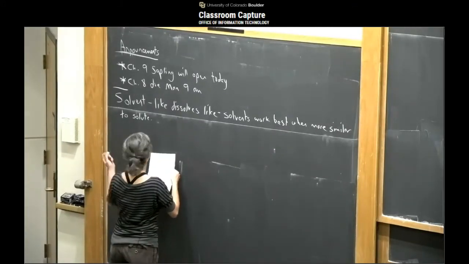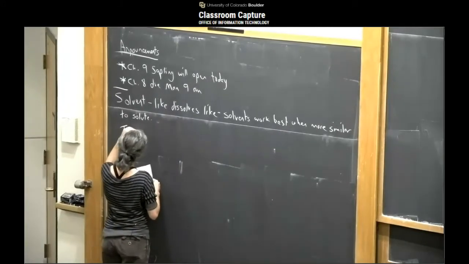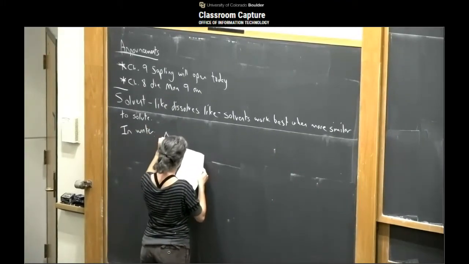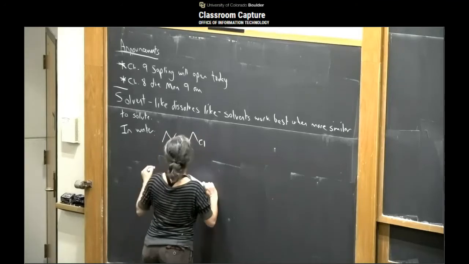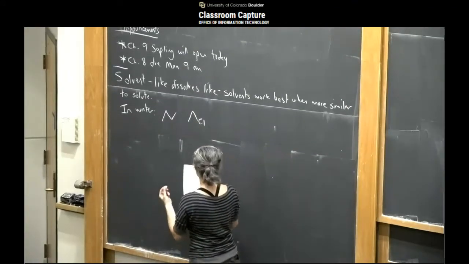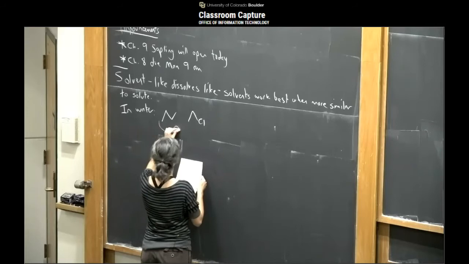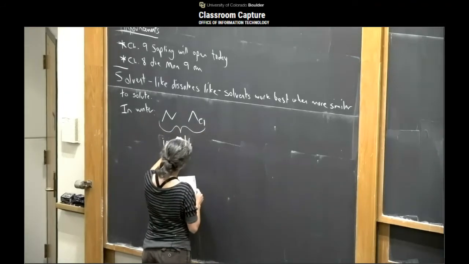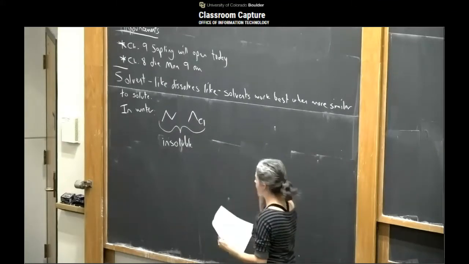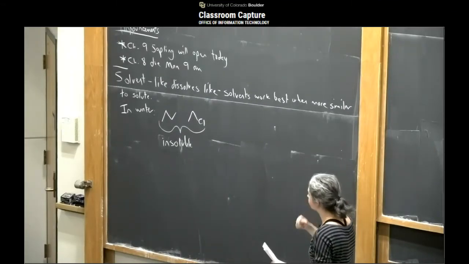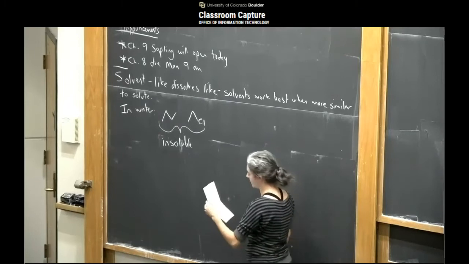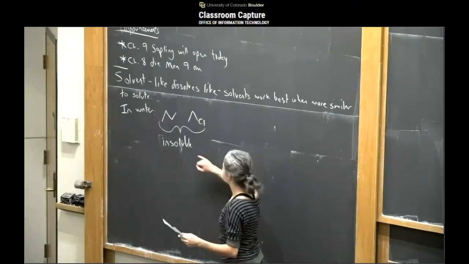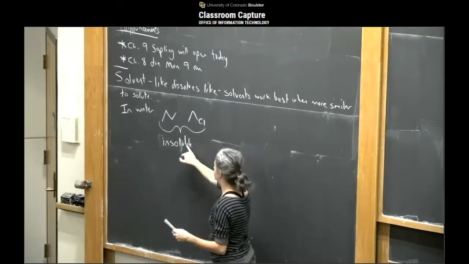Here's an example. In water, these two compounds are insoluble. By the way, it's a bit arbitrary where we draw the cutoff between soluble and insoluble, and it also varies from source to source sometimes.